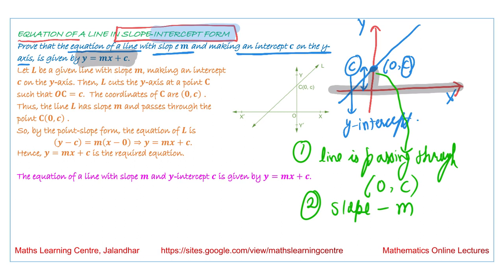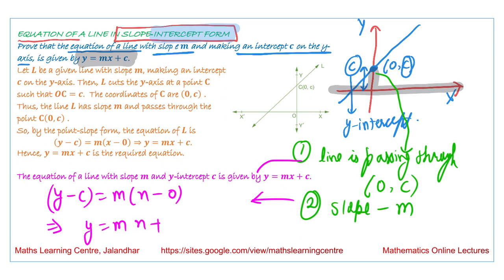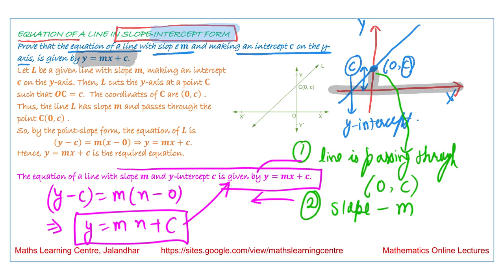Now we have to find the equation of this line. The equation of the line is given by y minus c is equal to m into x minus 0. This implies y is equal to mx plus c. So this form of the equation is called slope intercept form when the y-intercept is given to us.